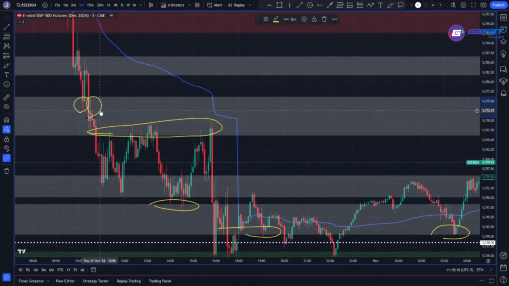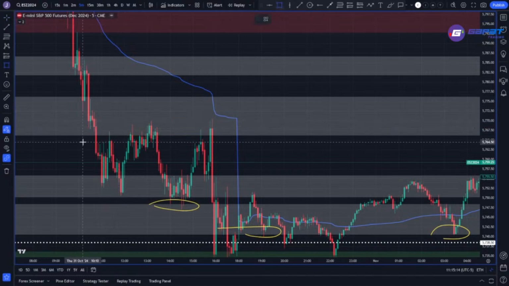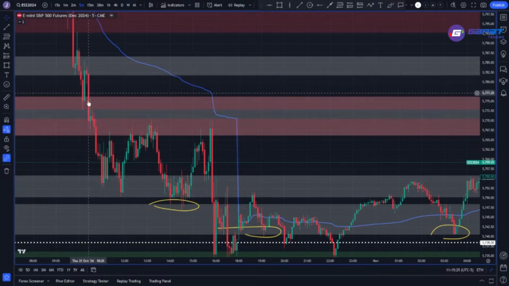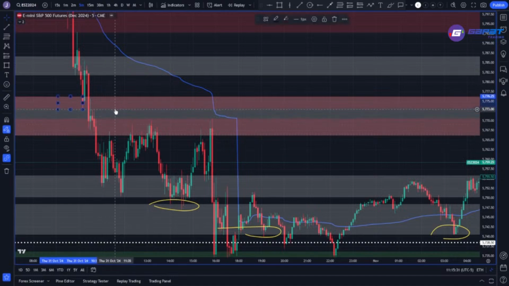So technically what you could do is you could draw in 2 minor levels. So you could draw in a level like this, and then you could draw in another level like this. But for me, the levels are close enough, and also you have a drop, base, drop, where we saw the move continue here, that I just combined into one level.